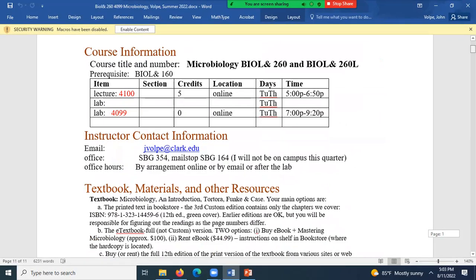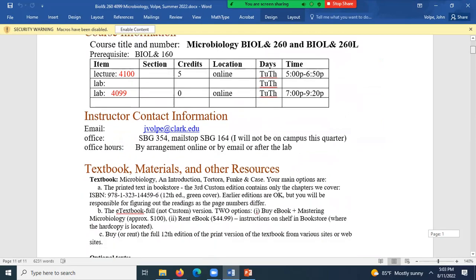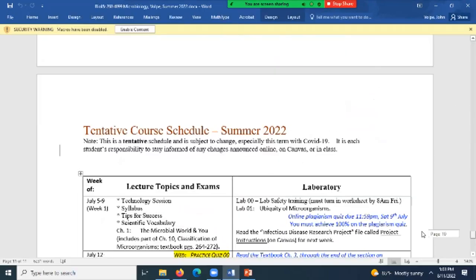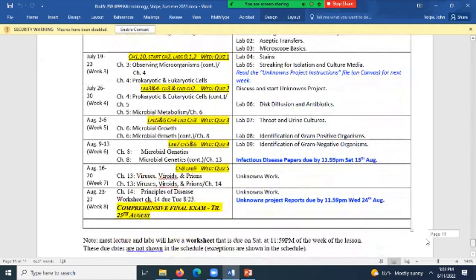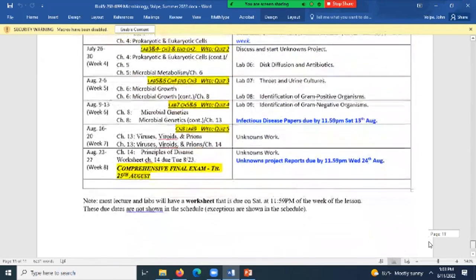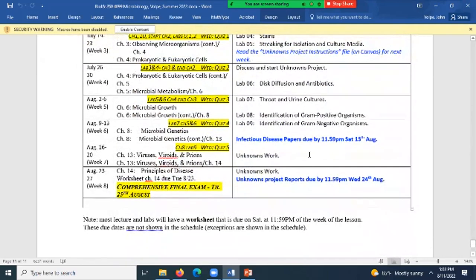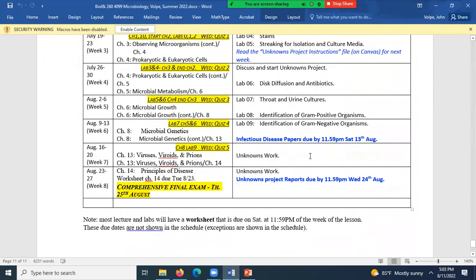I'll be in from 7 to 7:15 to answer questions, and that's what we'll do in the lab. If you don't have any questions, you do not have to show up in the lab. If you have questions, I'll be there to answer them. But make sure you log in between 7 and 7:15, because once the questions are done and 7:15 arrives, I'll be logging off.